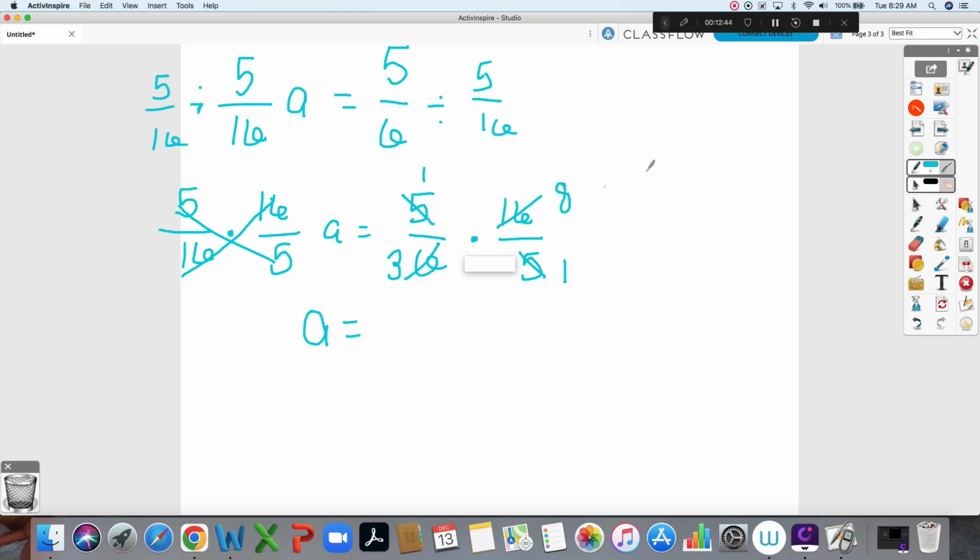So now I'm multiplying my new numbers. 1 times 8 is 8, and 3 times 1 is 3. And I could leave it like that, or I could say that A equals how many times does 3 go into 8? 2.